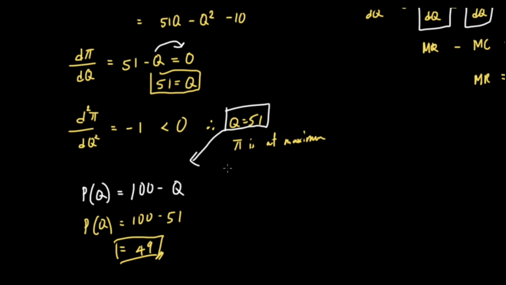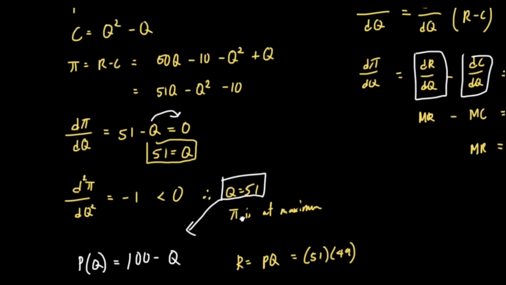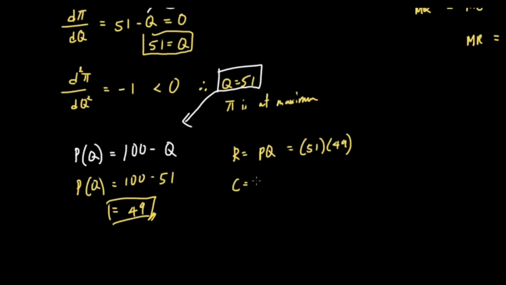And so its revenue is equal to PQ, which is 51 times 49, and its cost, which is equal to Q squared minus Q, would be 51 squared minus 51.